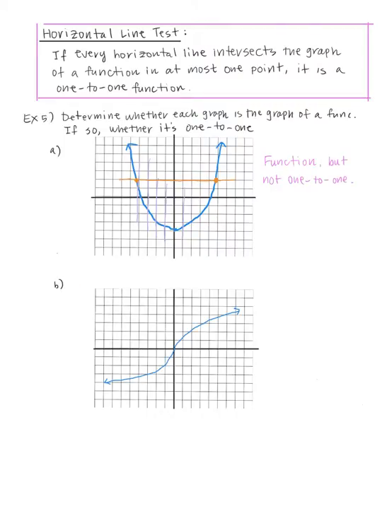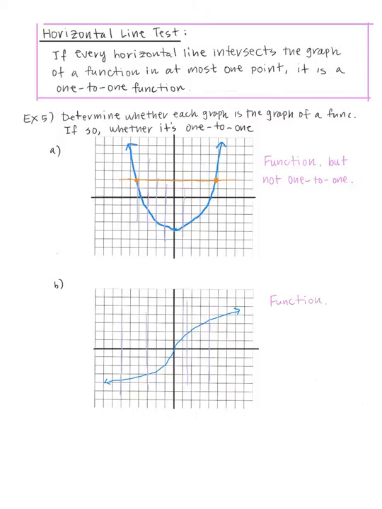Part B, now let's look at the graph that looks like this. So first of all, is this a function? Well, does it pass the vertical line test? I think so, because anywhere you draw a vertical line, that line is going to intersect the graph at only one point. So this is a function.